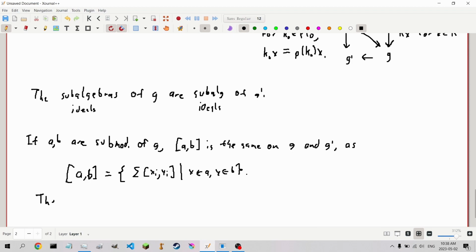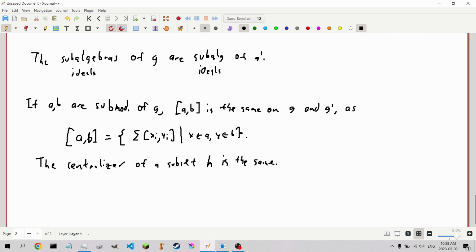Also, the centralizer of a subset, keep in mind, it is the same in both.